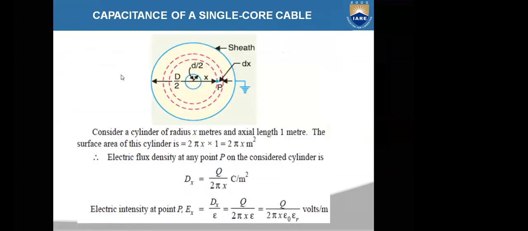Then let us calculate the capacitance of a single core cable, and see how you can derive the expression for it.